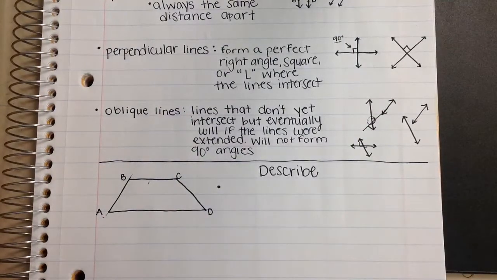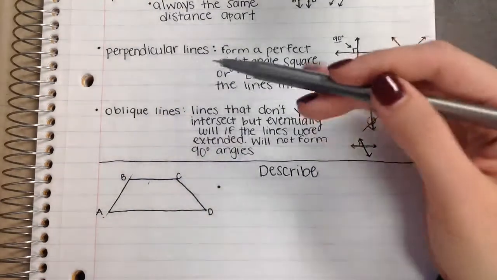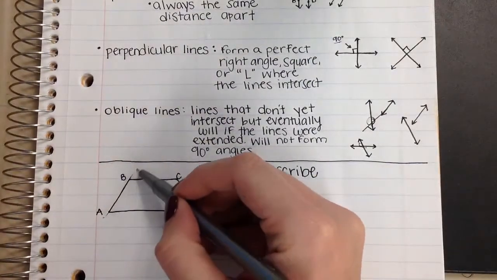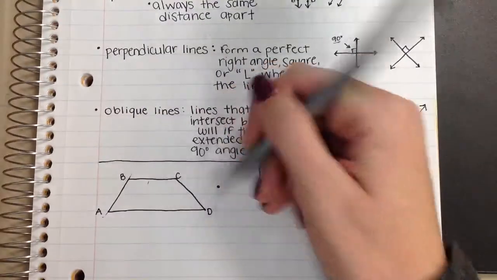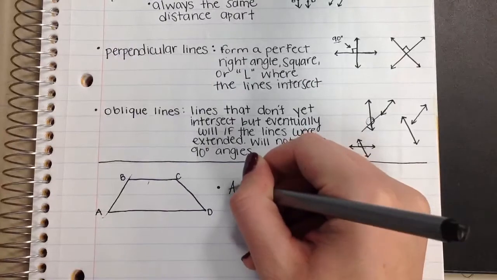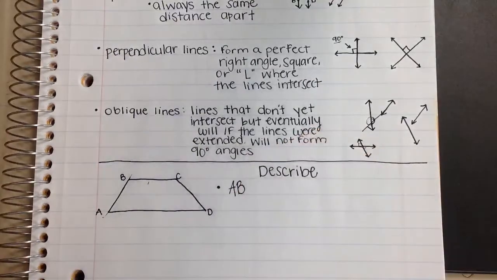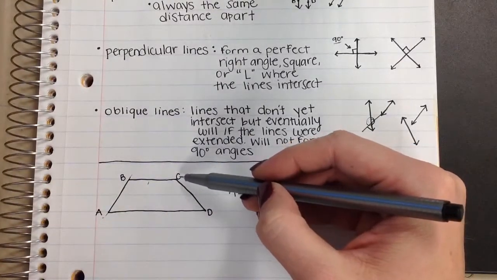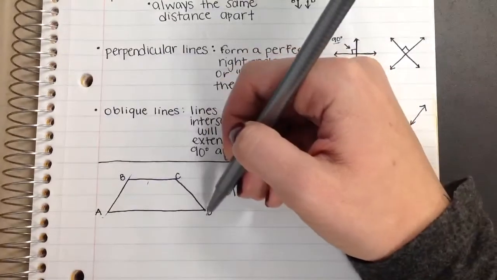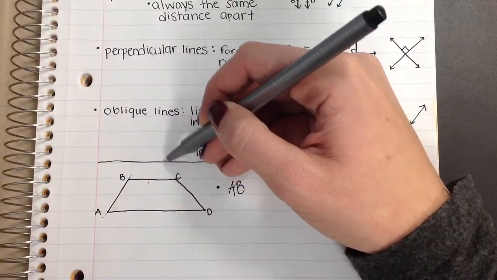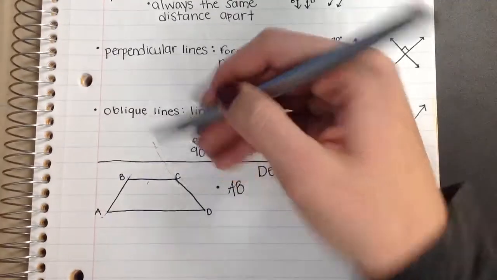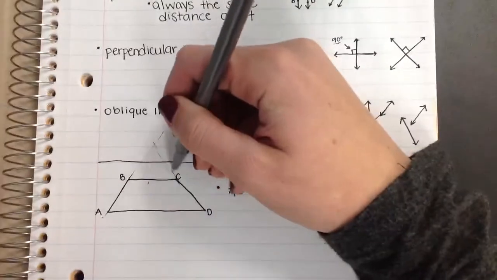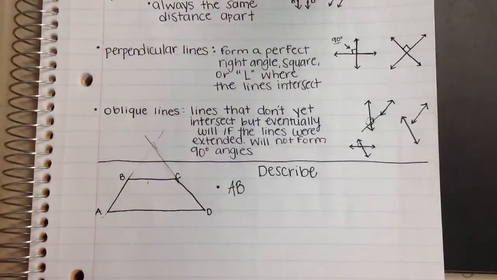So there are a couple of different ways that we can describe this shape using the words parallel, perpendicular, and oblique. I am going to look at the lines AB and CD. So AB and CD are the lines that I want to compare first. From A to B and C to D, they don't touch yet, but if I were to extend these lines on their imaginary surface, and I were to extend AB, notice that those lines cross.